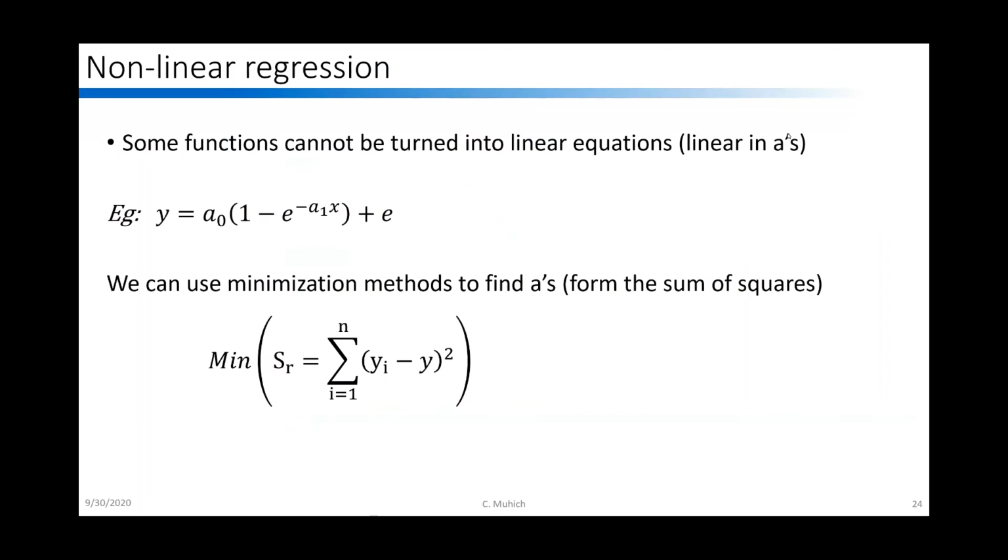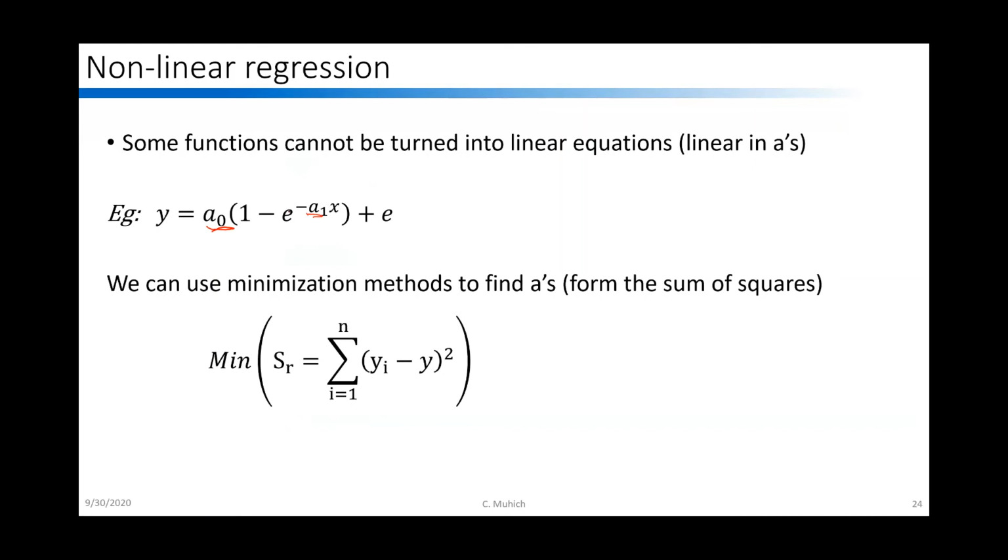Let's talk about nonlinear regression. Just as we said earlier that we can turn any function that's linear in the coefficients into something we can use linear regression for, some functions cannot be turned into linear equations. Right? So here's this example where I have coefficients up front and coefficients up on top.